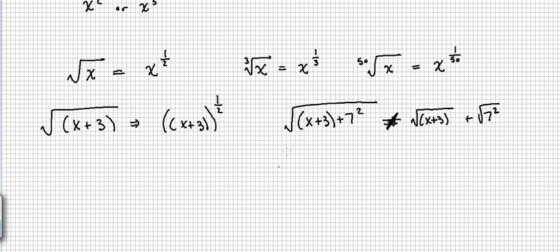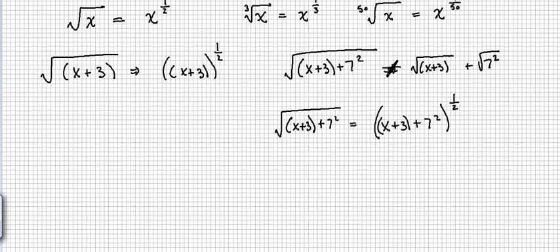So what this is the same as is the square root of x plus 3 plus 7 squared is going to be equal to x plus 3 plus 7 squared raised to the 1/2 power. How would we solve this thing?